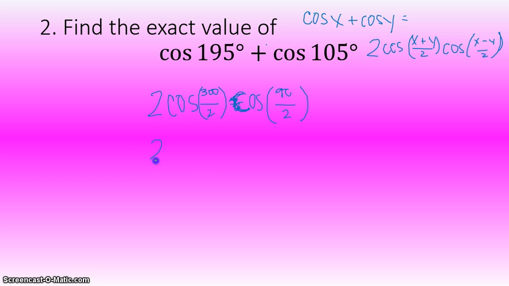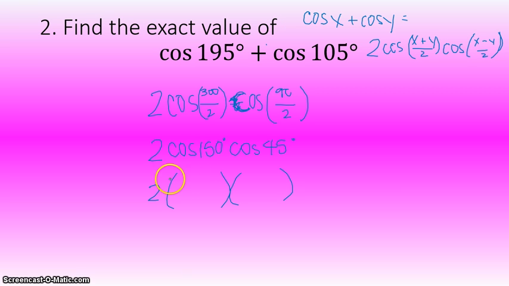So this is really 2 times cosine of 150 degrees times cosine of 45 degrees, which both of those are on my unit circle, so I can actually do that, and I know I need to since it says find the exact value.